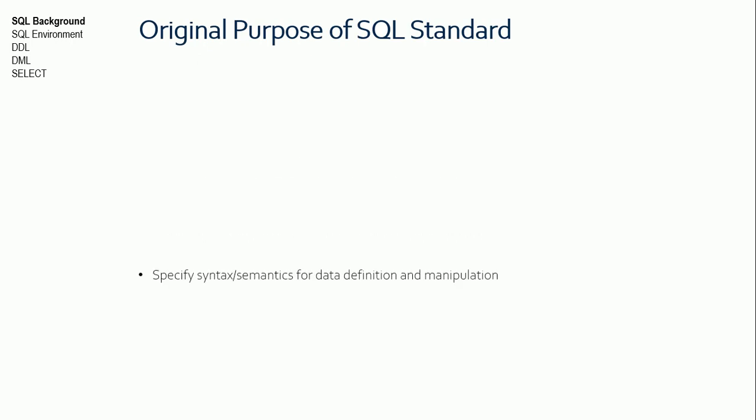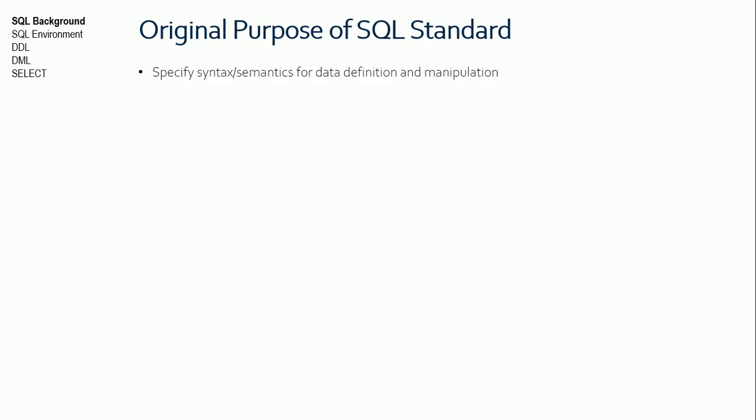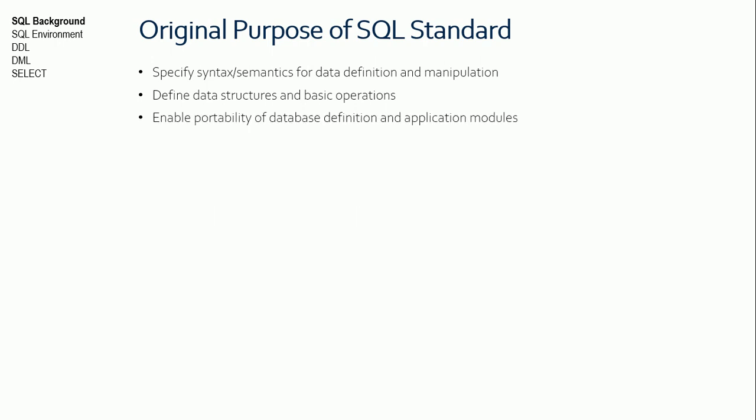So the original purpose of the SQL standard was first to specify the syntax and semantics for data definition and manipulation, right? So that's DDL and DML, data definition language, data manipulation language. So what is the syntax and the semantics so they're common across all platforms? We wanted to define data structures and basic operations. What can we do with this language?